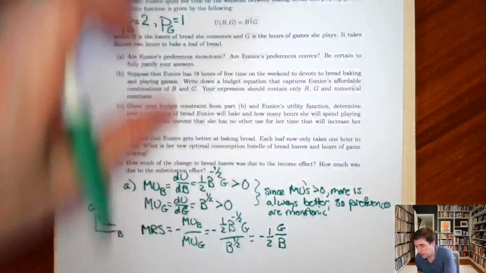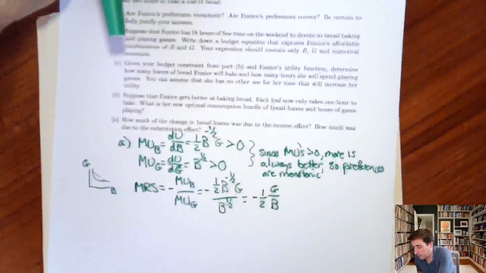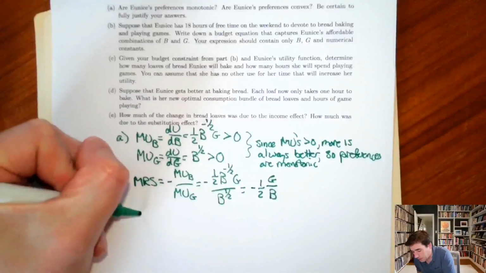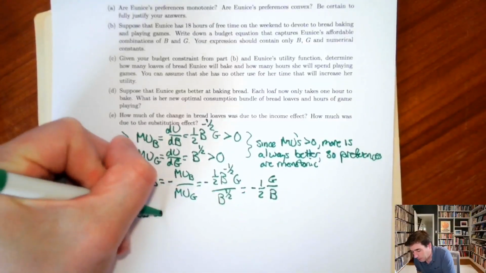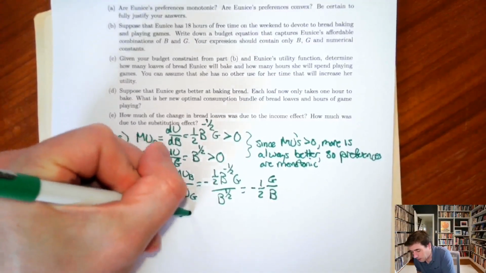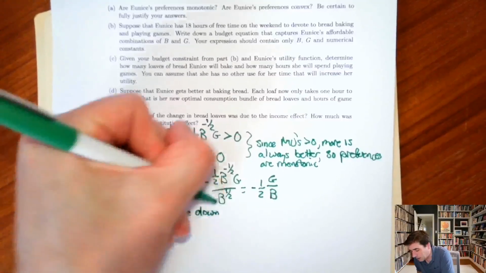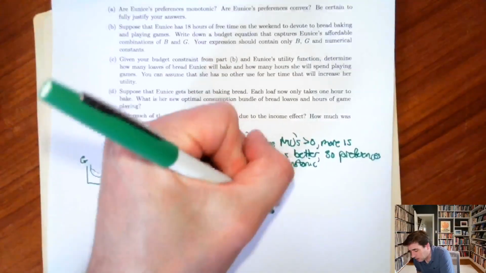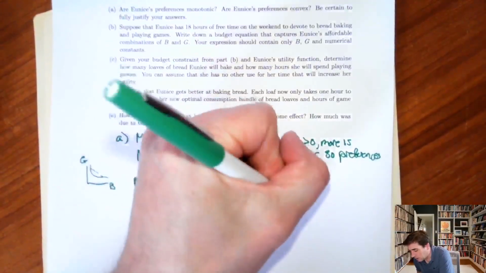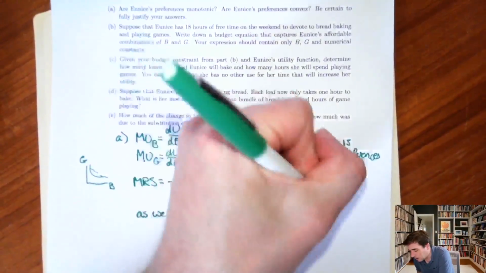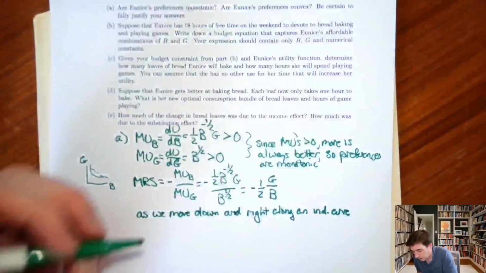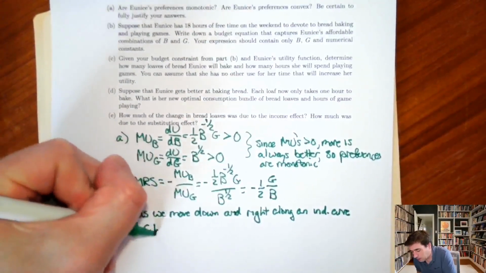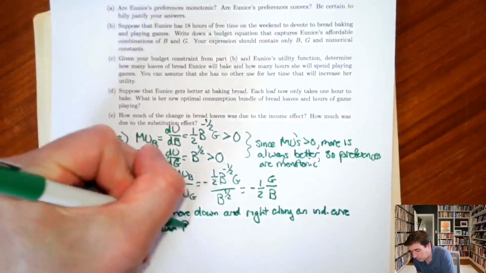Okay, all right. So remember, the reason I found the MRS is we want to think about convexity. And so now I know as we move down and right along an indifference curve, and so in parentheses here, I'm going to say G is going down and B is going up.